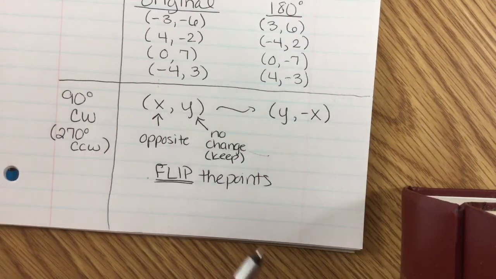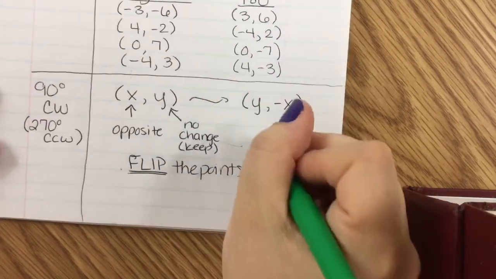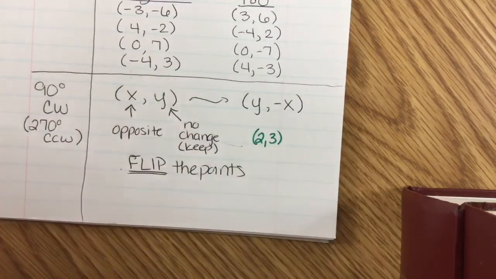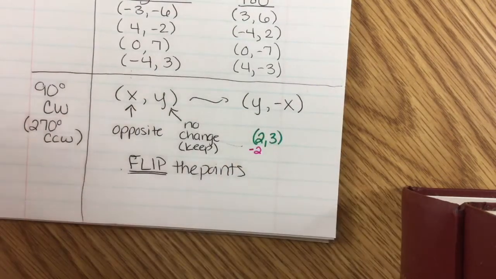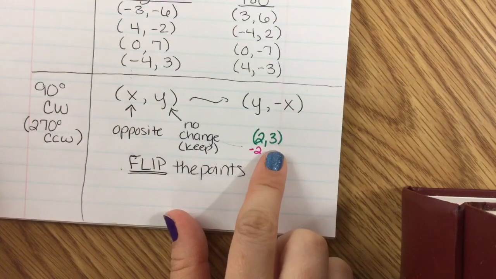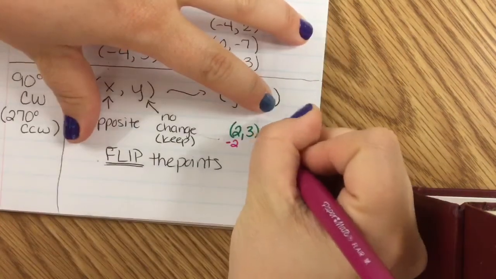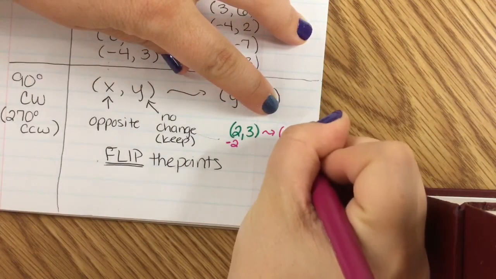All right, so for example, I'm going to use a color because I'm running out of paper. If you originally have (2, 3), then you make x the opposite, keep y the same, and flip them. So you're going to end up with a rotation of (3, -2).